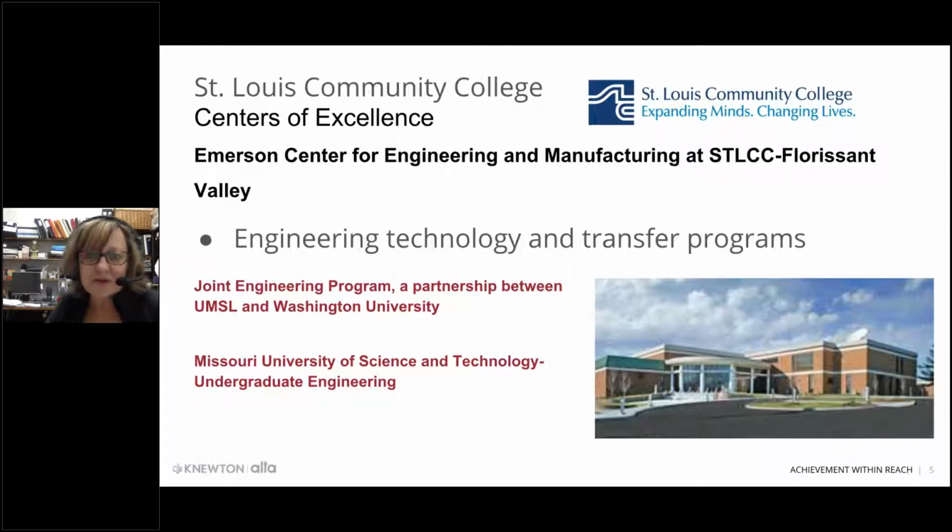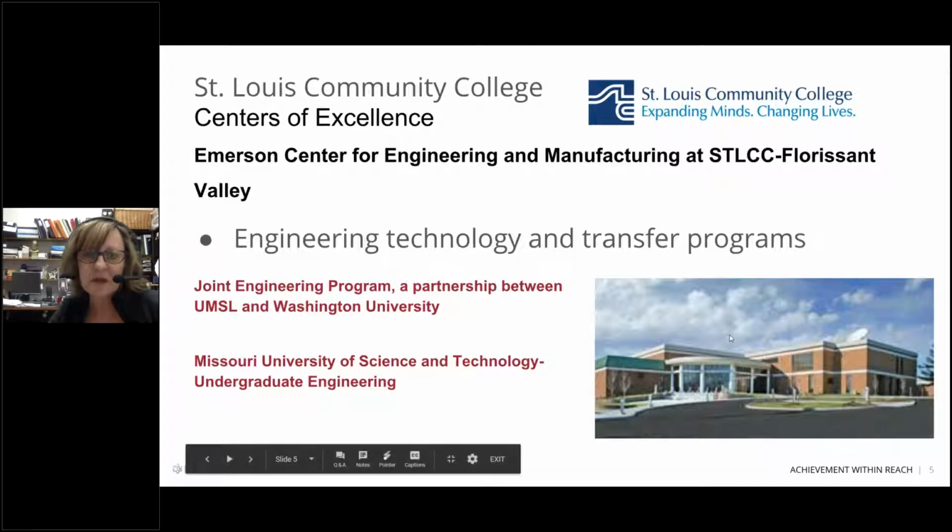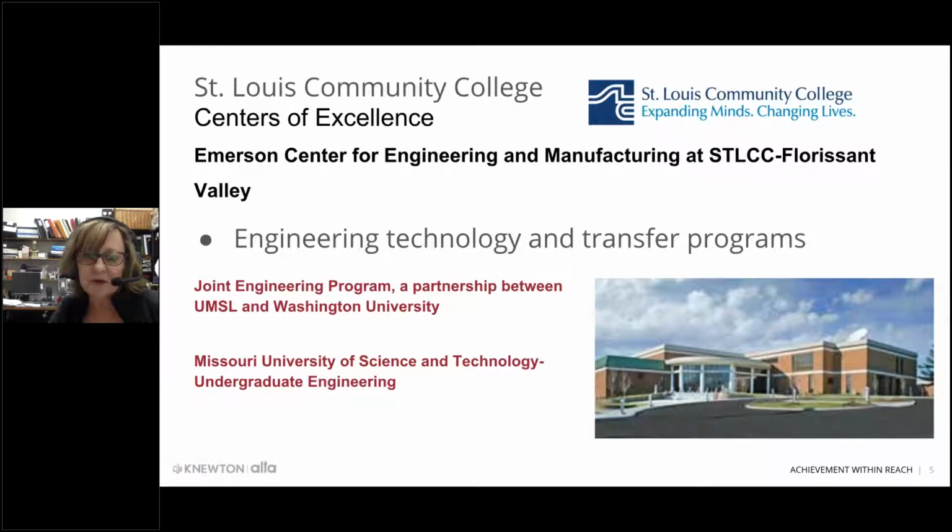Here's a slide. I'll give you a little bit of information about my district and where I teach. Florissant Valley is part of a 4-campus system of St. Louis Community College. Each of our campuses has a Center for Excellence, and our Center of Excellence is our engineering program. So we teach quite a bit of calculus.